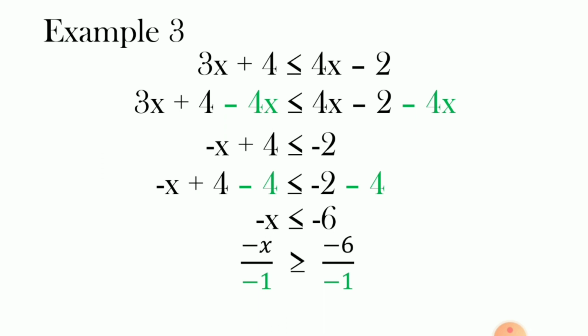Since we divided by a negative number, then our inequality symbol will change. From less than or equal to, it will change to greater than or equal to. So that is now negative x divided by negative 1 is x. Negative 6 divided by negative 1 is 6. x now is greater than or equal to 6.